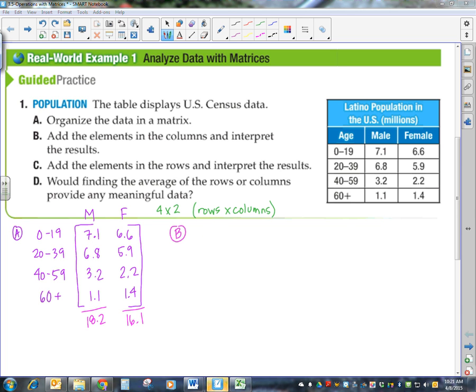So what that tells me is that 18.2 million Hispanics are males, and 16.1 million Hispanics are females.